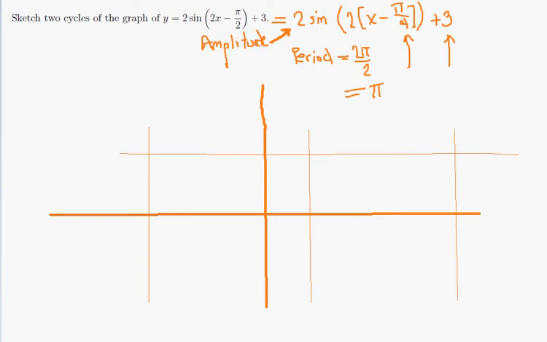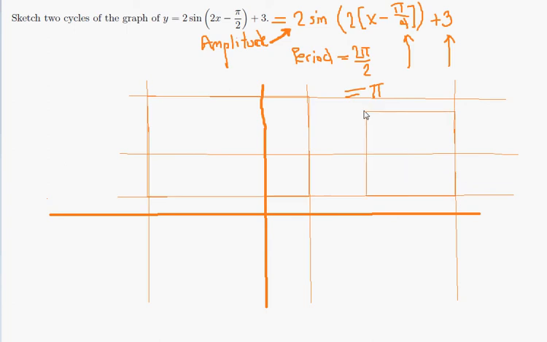That means when I draw the lines, I need to go down 2 and then up 2 to draw the picture. Okay, so I have this box here that will contain one cycle, and then this box here would contain a second cycle.